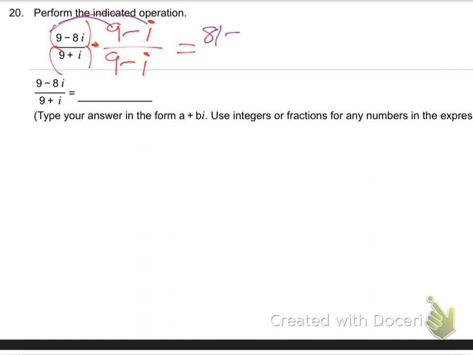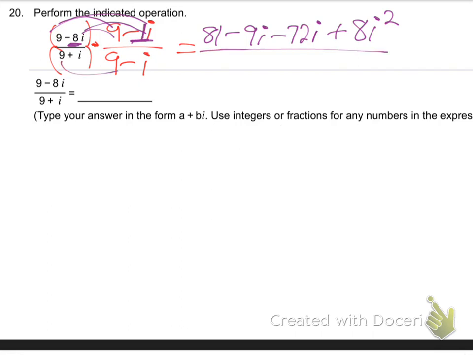That'll be 81 minus 9i. And this guy to both. Minus 72i plus 8i squared, right? Minus times minus is plus. And minus 8 times minus 1 is plus 8i squared over on the bottom. Boom, boom. Be 81 minus 9i, and then boom, boom. Plus 9i minus i squared.